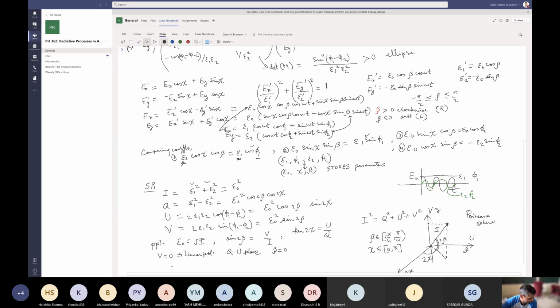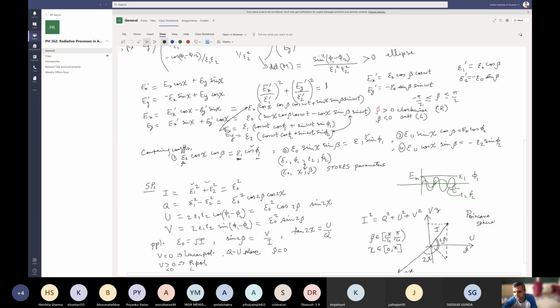Similarly, V greater than 0 is R polarization, and V less than 0 is, of course, L polarization. That's easy to see. So V greater than 0 is beta greater than 0, and we talked about it, that beta greater than 0 is clockwise polarization.